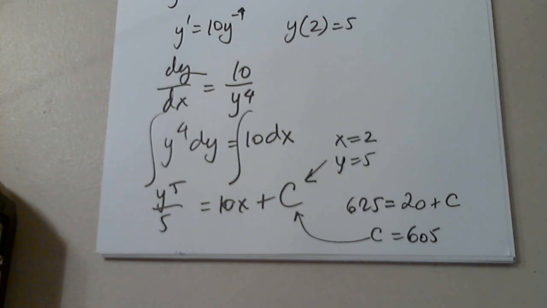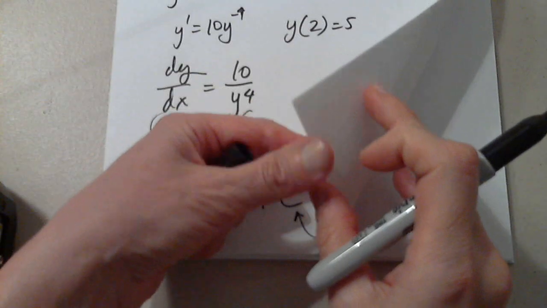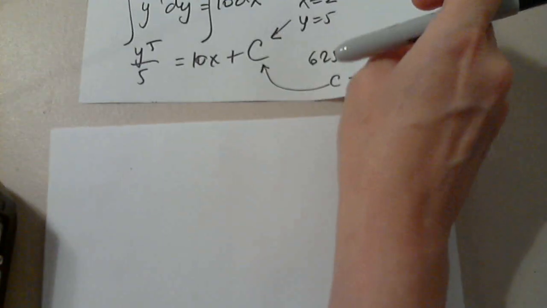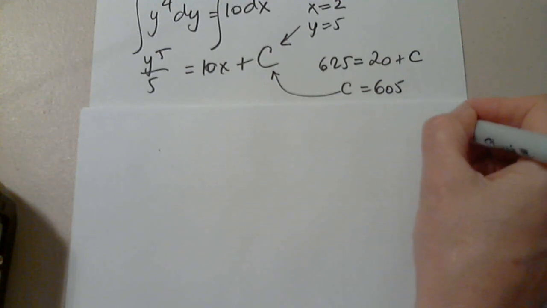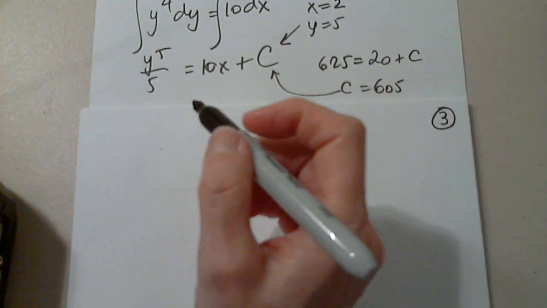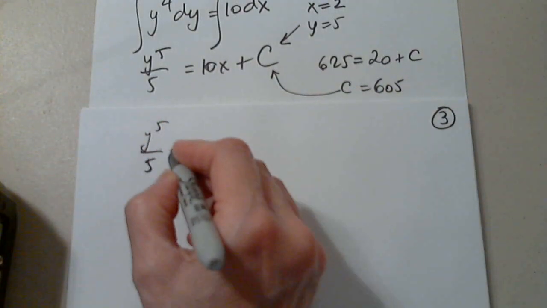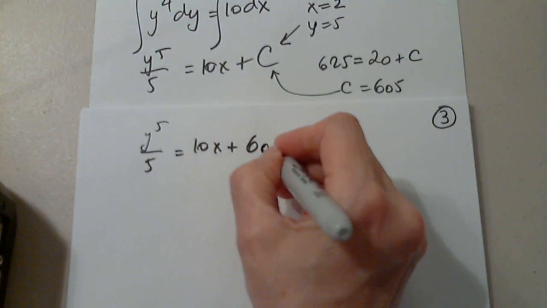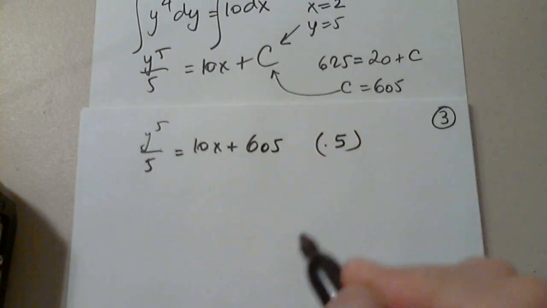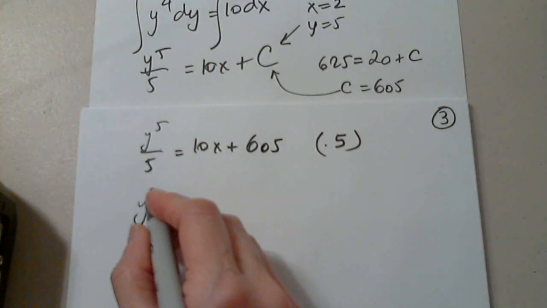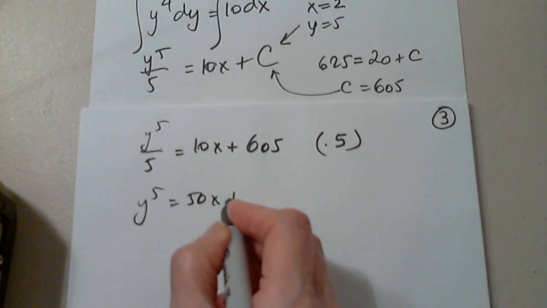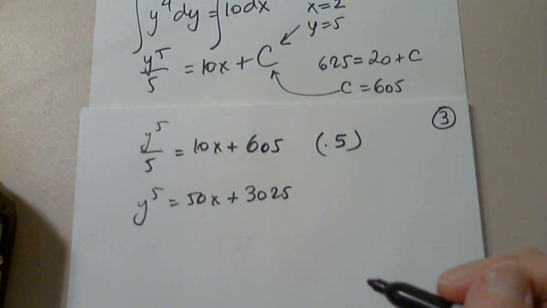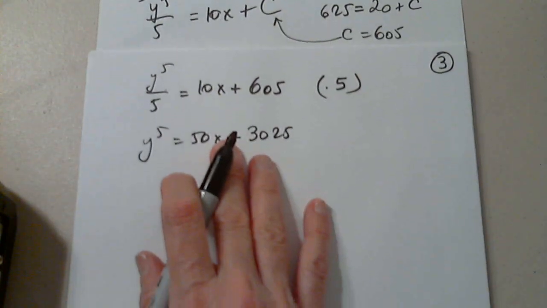No. Perfect. So the next step would be, that's my page 3. I have y to the 5th over 5 equals 10x plus 605. But now I have to multiply everything by 5. So I have y to the 5th equals 50x plus 3025. And now I take the 5th root.